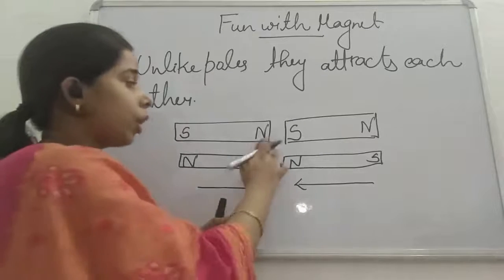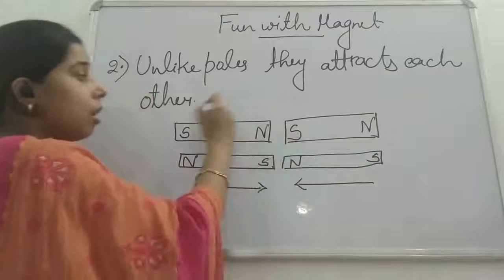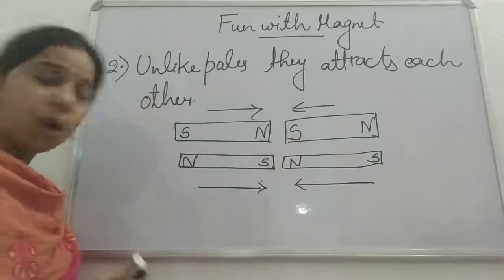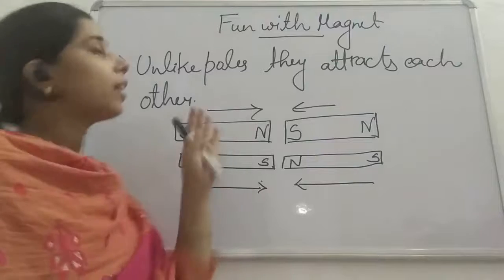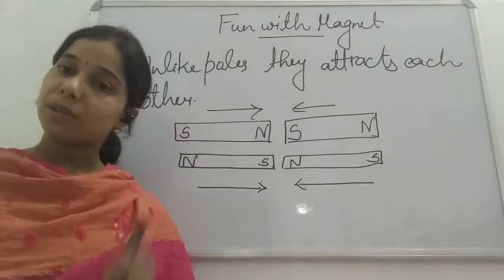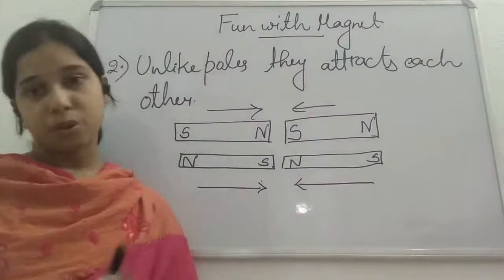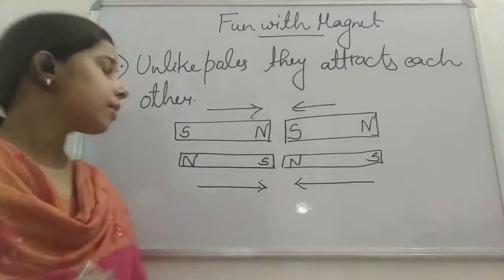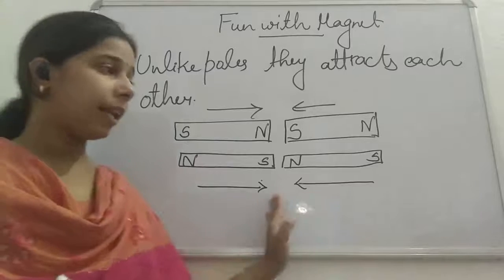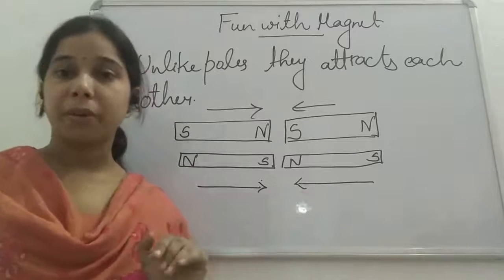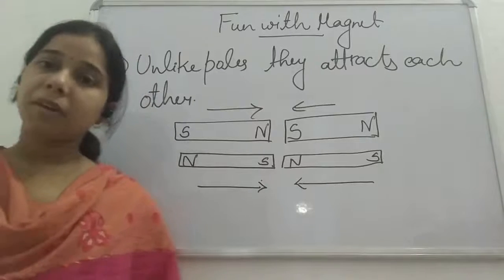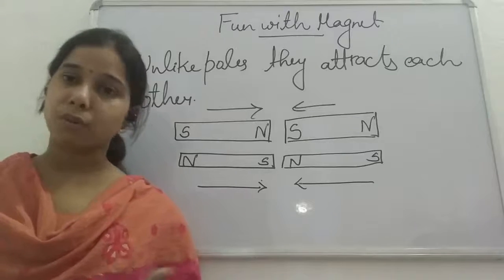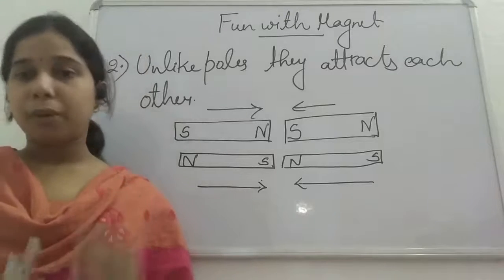Same thing happens here also: the north pole will attract the south pole, or the south pole attracts the north pole. So we can say that the opposite poles, or the unlike poles, attract each other. Okay, students? A very good example of this is the devices that we use at home, like the TV or the radio.